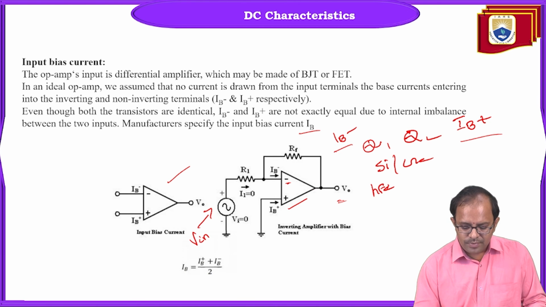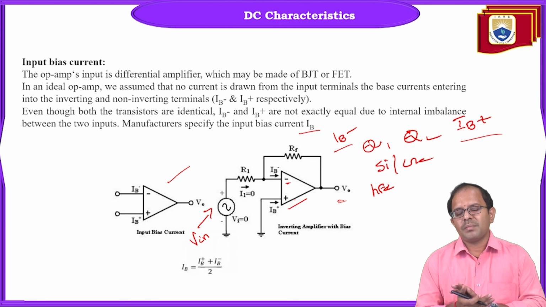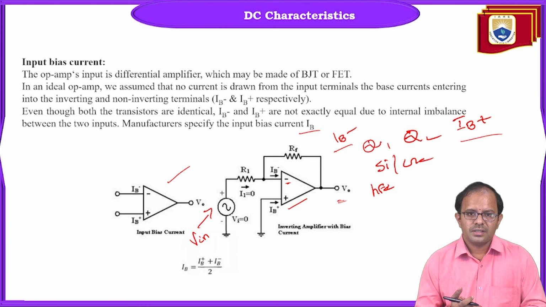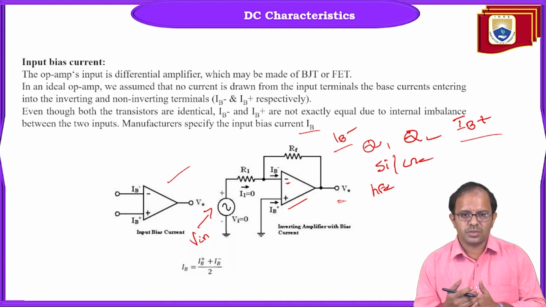If I say IB minus across the inverting terminal, it is a meaningful statement. But suppose somebody says IB plus, the bias current available across the non-inverting terminal, then what is the explanation for it? The design of the operational amplifier is such that there will be a virtual ground scenario, which means virtual ground as well as virtual source.